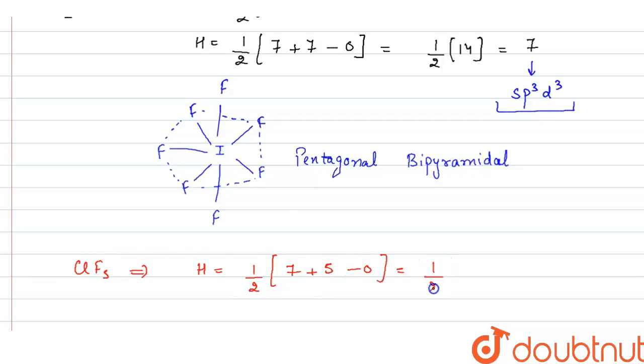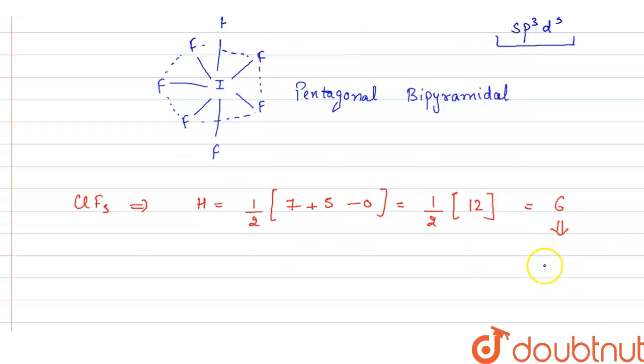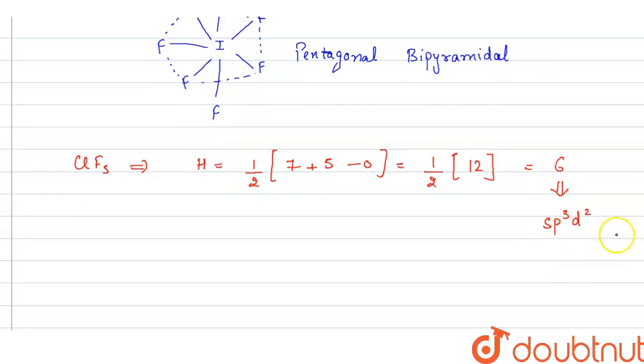So it will be half into 7 plus 5, which is 12. So 12 by 2 will be 6. 6 means 6 orbitals will get hybridized, so hybridization will be sp3d2. Right. So according to sp3d2, the geometry should be octahedral.